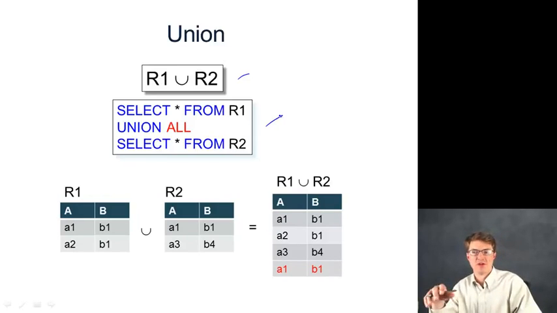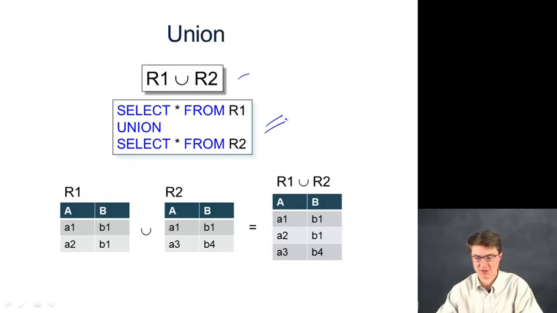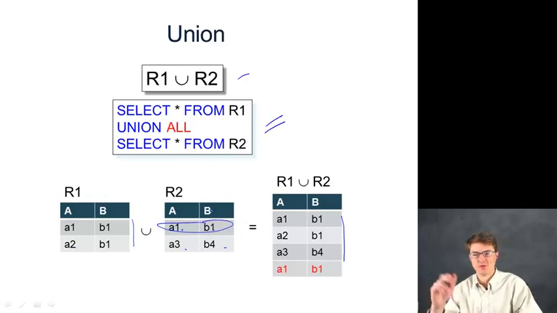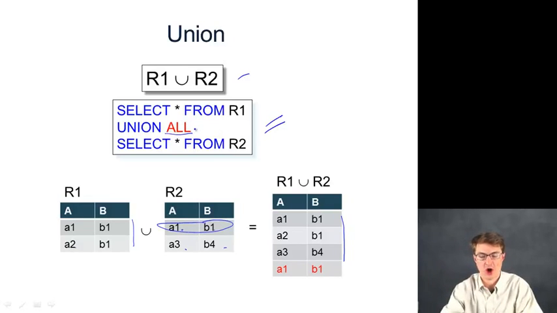Unqualified, union does indeed remove duplicates, in which case the answer is the union of this relation with A1B1 as a tuple and A2B1 and A1B1 and A3B4 is these three tuples. The duplicate of A1B1 didn't get passed through. To express this in bag semantics, to make sure we do include duplicates, you can say union all, and that would include all four tuples.